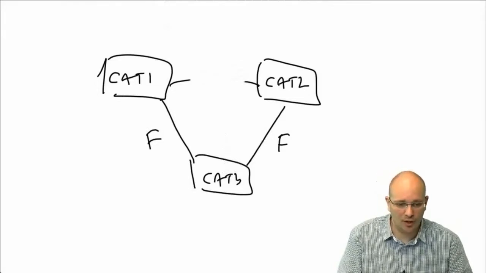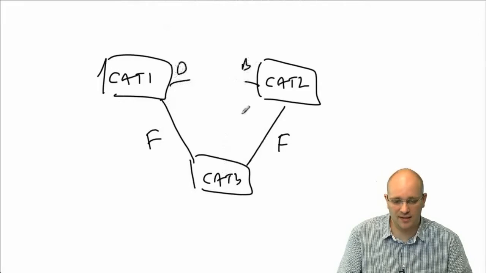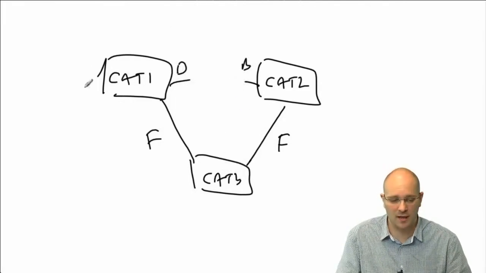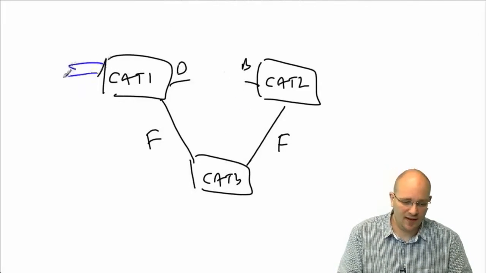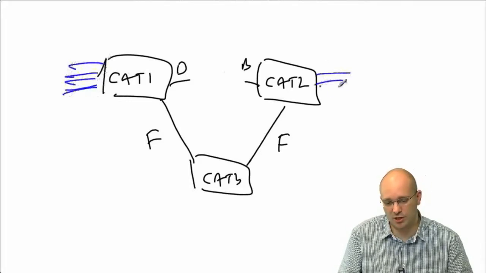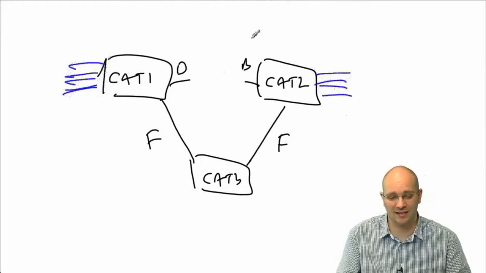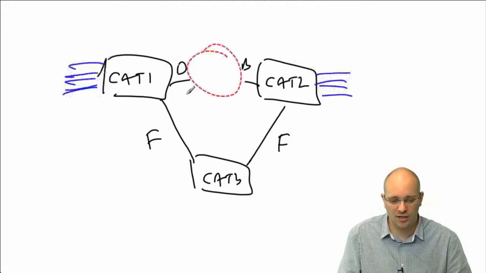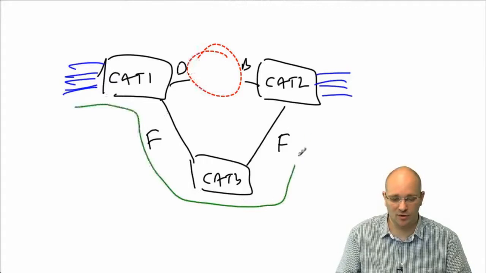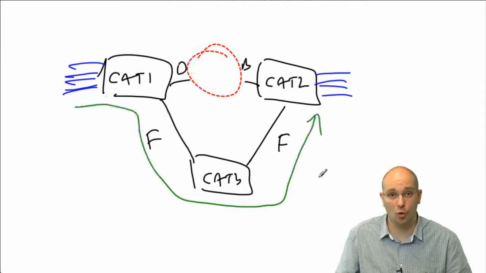And what's going to happen most likely is that this becomes the designated port and this becomes the blocking port. And given the fact that a vast majority of hosts are sitting behind Cat1 and Cat2, we can no longer use the high-speed link between them, and instead we actually need to send the traffic over the slow links between Cat1 and Cat3, and Cat3 and Cat2.